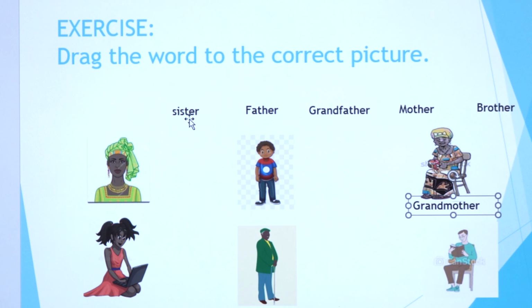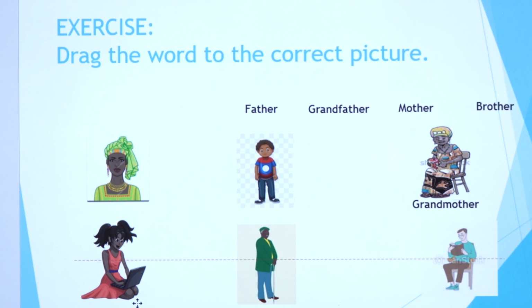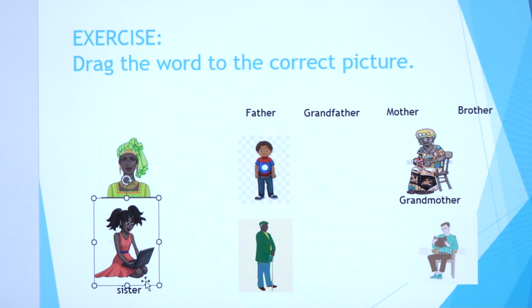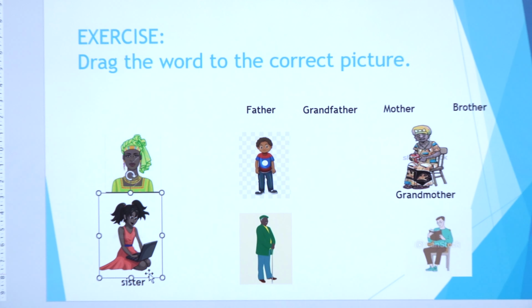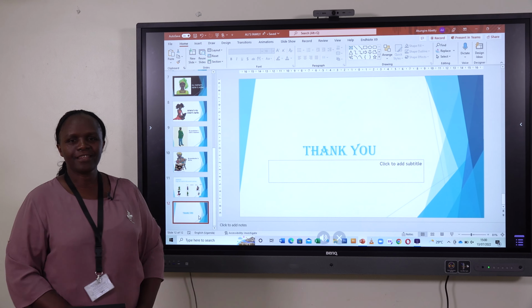Then you can also go to sister. They drag the word sister to the correct picture, and so on. So in that way, you'll make the learners interact with the pictures, interact with the words. With all that, I thank you so much.